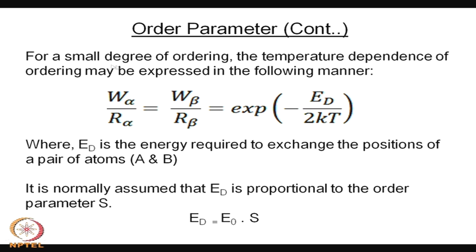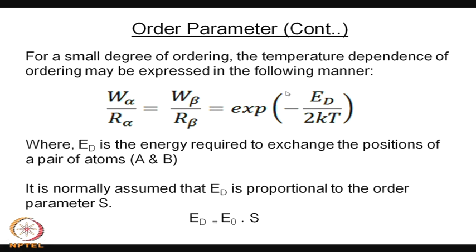Well, for a small degree of ordering, the temperature dependence of the ordering may be expressed in the following manner. This is a temperature dependence, and this is an exponential term with an activation energy E d. Here E d is the energy required to exchange the positions of a pair of atoms: A goes to the B sites and B goes to the A sites.